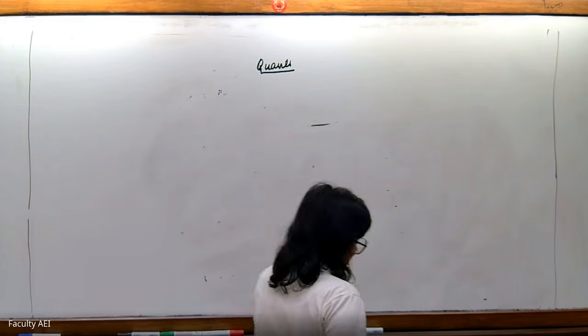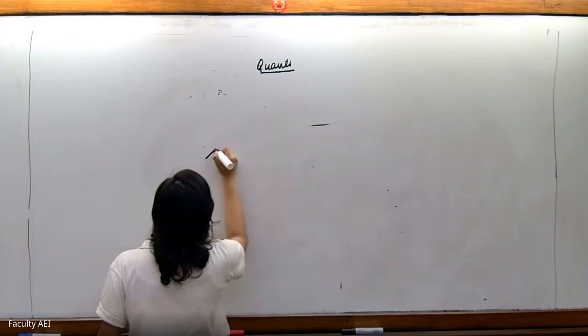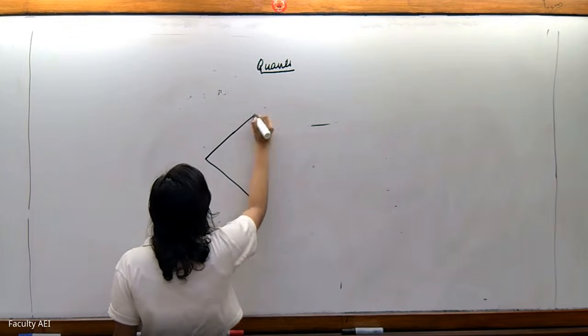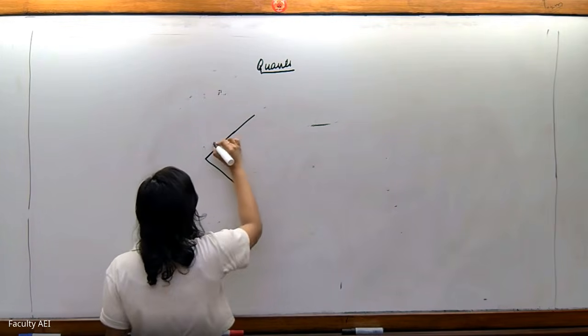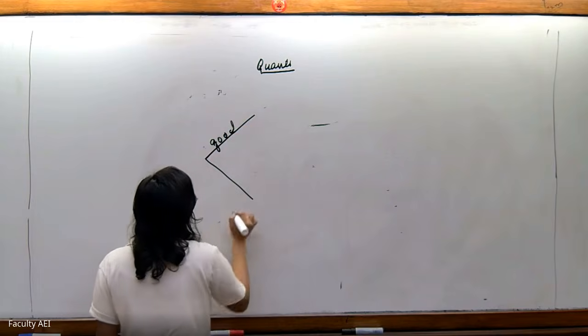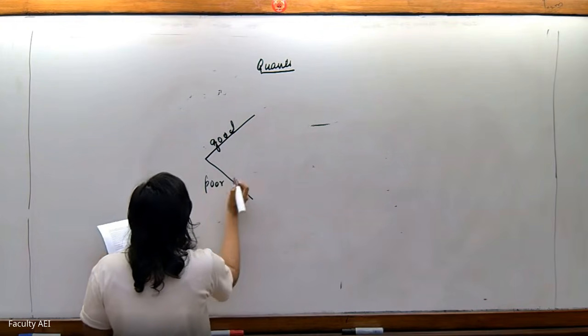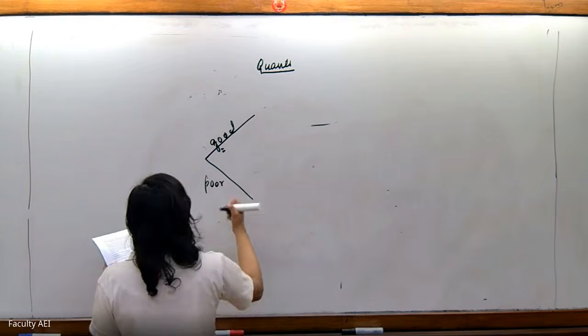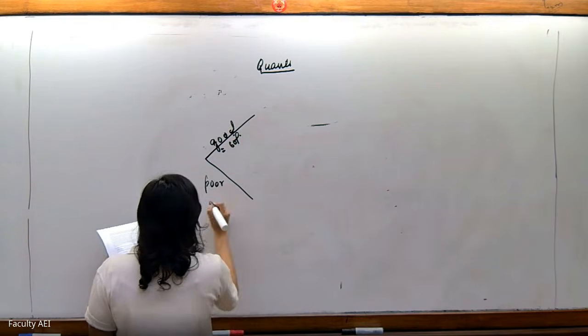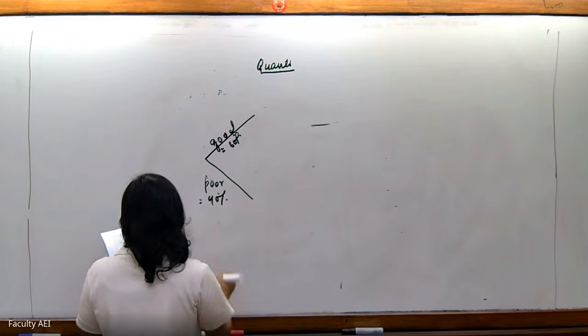So you make a probability tree. That is, there can be two probabilities. Your economy can be in a good state or in a poor state. The probability of the economy being in a good state is 60% and in a poor state is 40%.